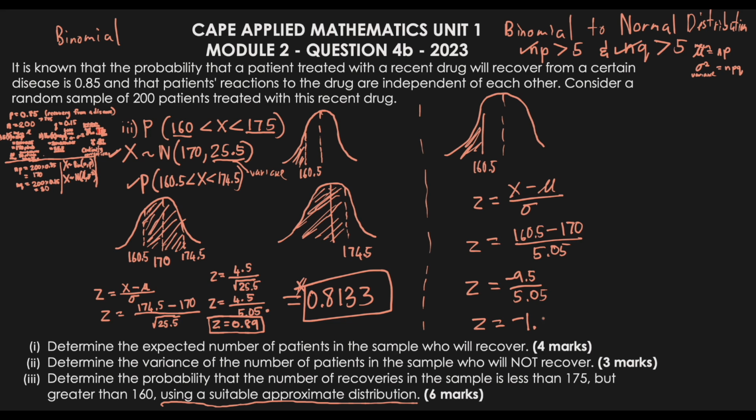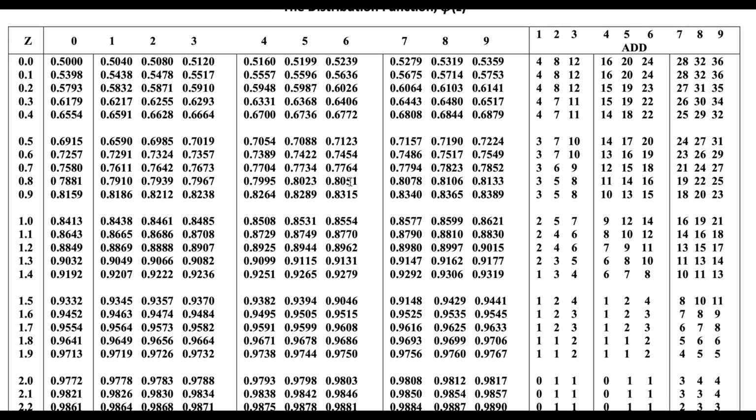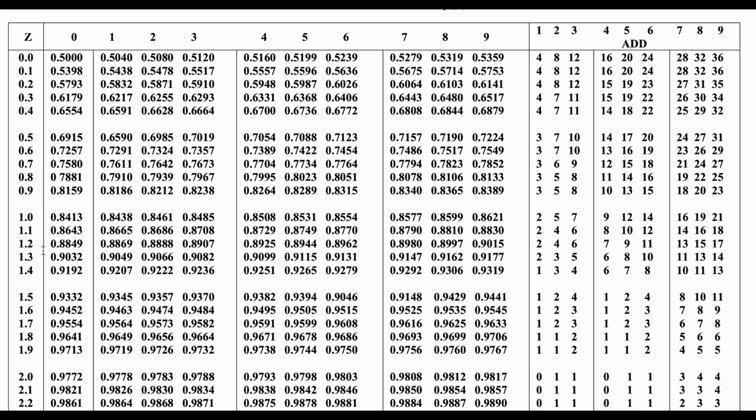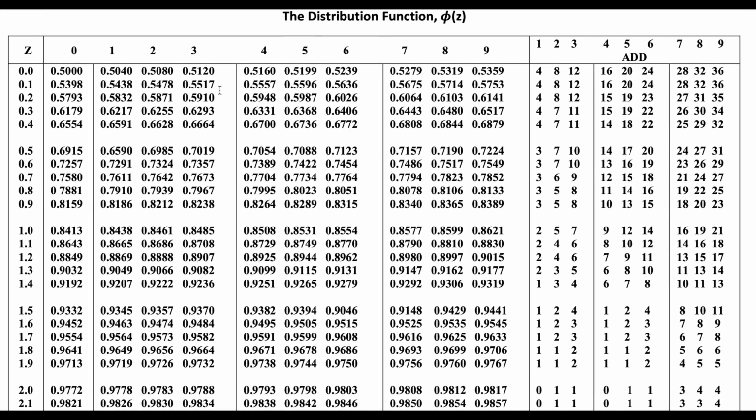Now, similar to what we did in question 3, because we have negative 1.88, remember, in order for it to be negative on the Z score, it has to be on this side. We need to figure out what the opposite area would have been, the one over here at positive 1.88. The reason why is, remember, we do not have the negative components of Z on the table that is given to us by the CABE exam.